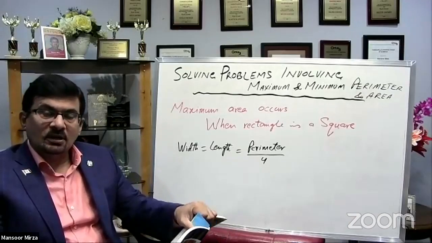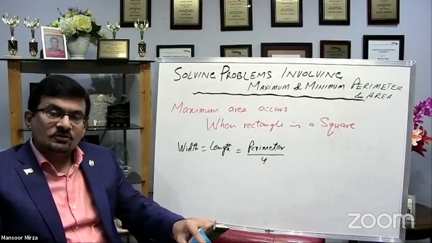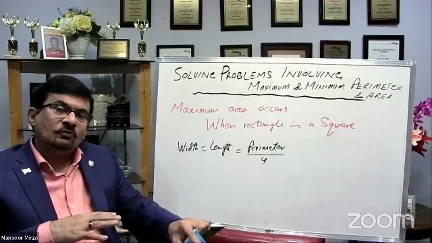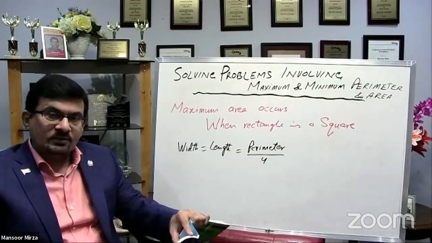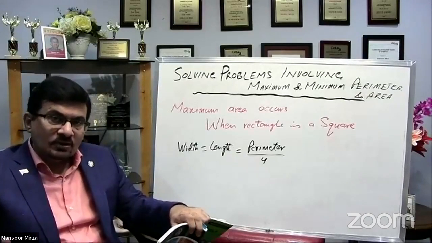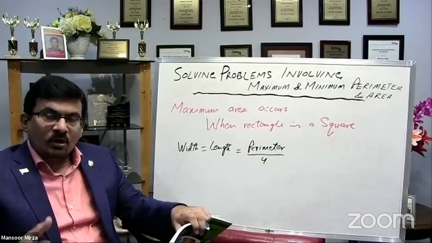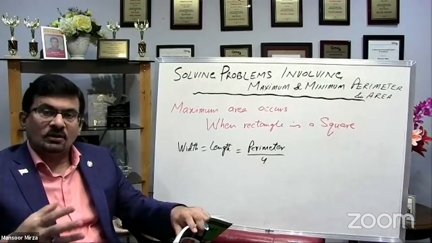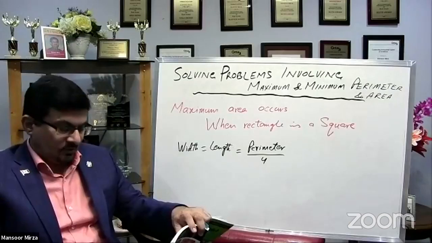As I mentioned earlier, if you have any difficulty in today's lesson, first please review the previous four lessons addressing all these topics one by one, and then it becomes much easier. Even the question we are going to solve is very easy.